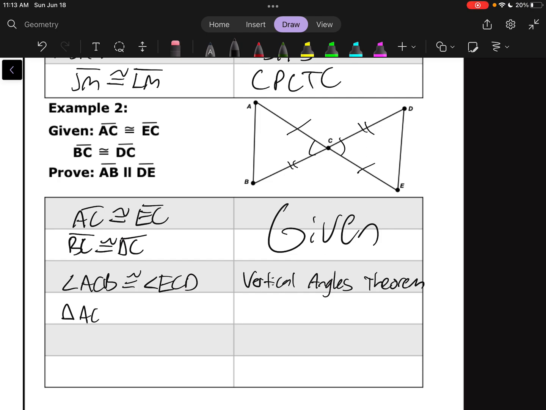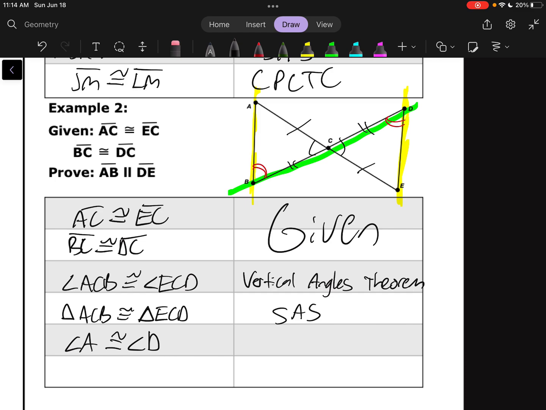So I can say triangle ACB congruent to triangle ECD by side angle side. And if we're trying to prove that these two lines are parallel, we need an angle pair that uses those. So one angle pair that I see is angle B and angle D. So let's go ahead and grab those using CPCTC.